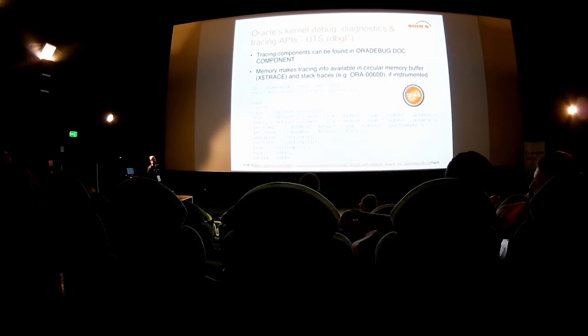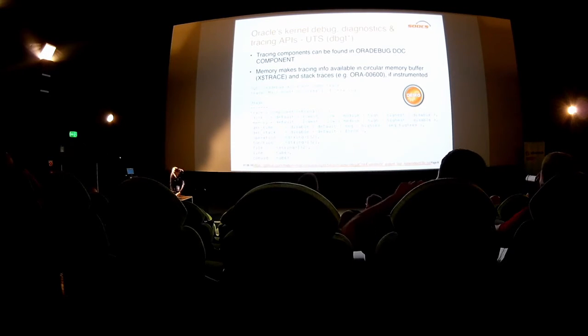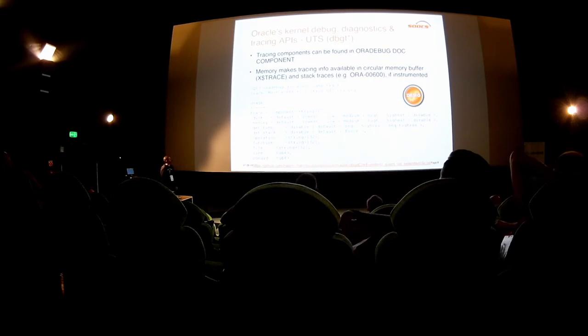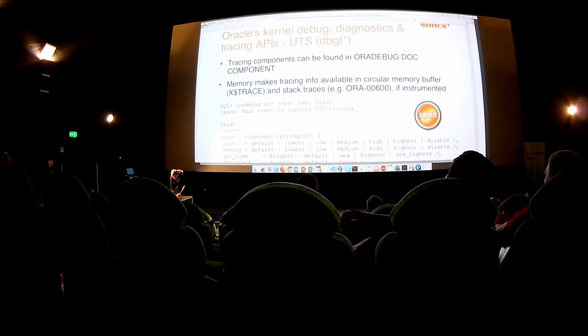So the UTS interface is to use when you want more trace information. And this is the only interface which can also populate information in this in-memory buffer from the KST interface. And I will show you this in a short demo.